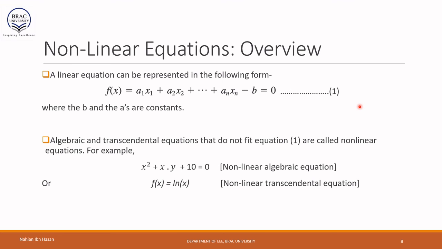For example, x squared plus x times y plus 10 equals 0. This function is a nonlinear algebraic equation. Why? Because we cannot fit this function in the form of equation 1. There might also be nonlinear transcendental equations, for example, f of x equals ln x. We cannot represent f of x equals ln x in the form of equation 1, and that's why these are nonlinear equations.